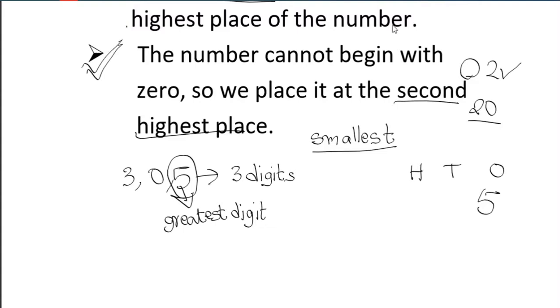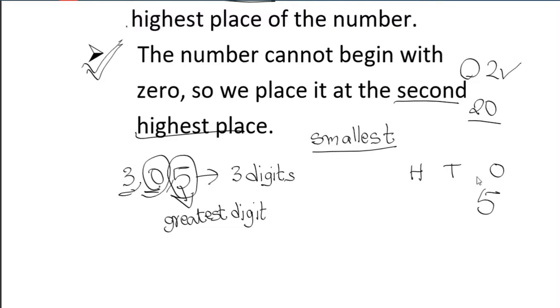Okay children, what is the next greatest digit here? Compared to 5, which is the next smaller one? 3. Then 0. But we never begin any number with 0. So always you have to place 0 at the second highest place.